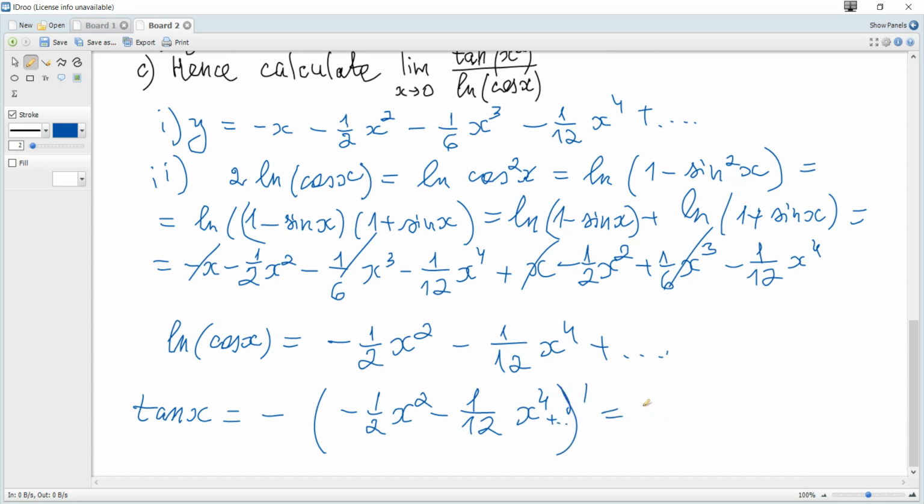Hence, x squared's derivative is 2x, so it's minus minus just x, and 4x cubed over 12 is 1 over 3, so plus 1 over 3 x cubed, and plus so on.